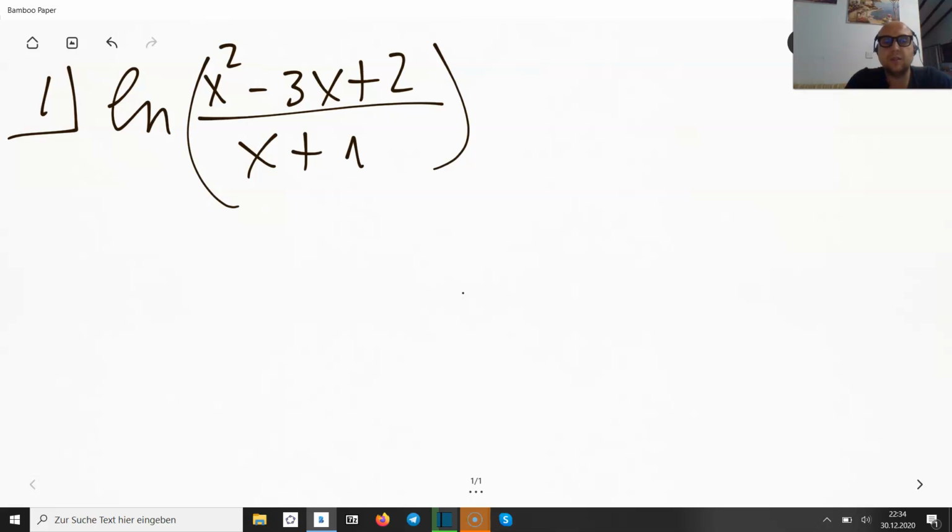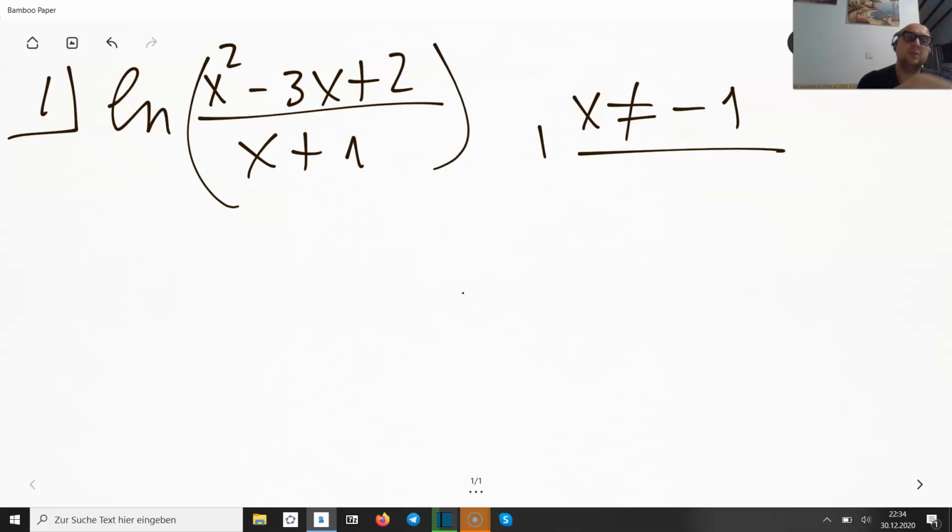We're going to consider this in a moment, but we also have the expression x plus 1 in the denominator, which means 100% x shouldn't be equal to minus 1. So minus 1 is for sure gone, whatever will happen with the expression for the logarithm.